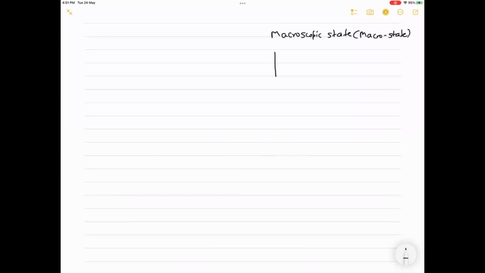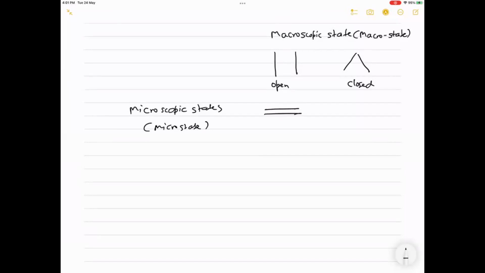Let's say there are two states, open and closed. Each of these open and closed macroscopic states can consist of many possible microscopic states, or micro states. Each of the open states can consist of many possible atomic arrangements, and therefore each of these states can consist of a large number of possible configurations, which will differ from one another in energy; we will have slightly different energies.